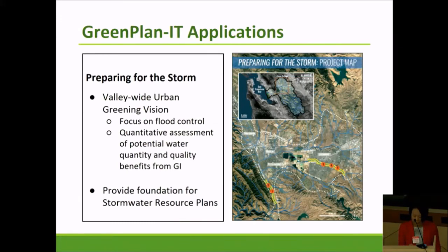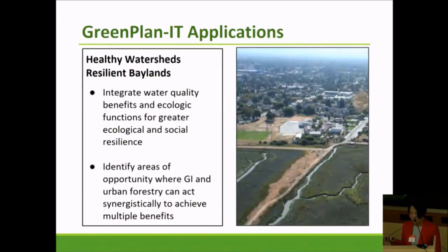The other project, which also started this year, we call Healthy Watershed, Resilient Baylands. This one we are going to explore multiple benefits of green infrastructure and also forestry. We're trying to integrate water quality benefit and also some ecologic function for greater ecologic and social resilience.